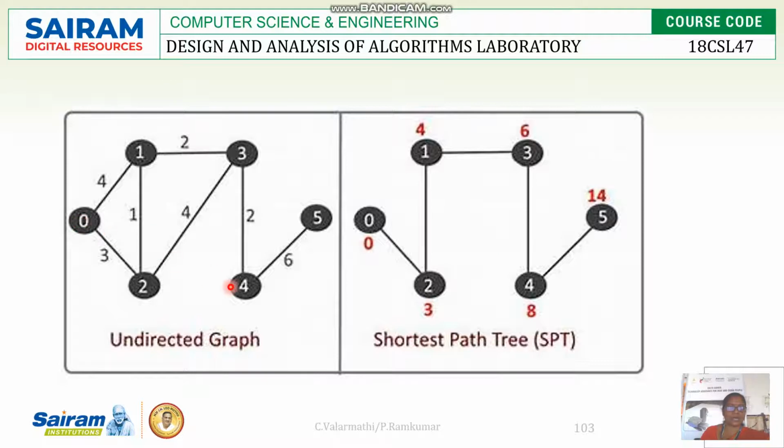So now for example, my source is 0 and the destination is 5. That means I am going to travel from source node 0 to destination node 5. First you go to the source node. From the source node we need to find the edges of this source node. So according to this example, 0 is the source node.